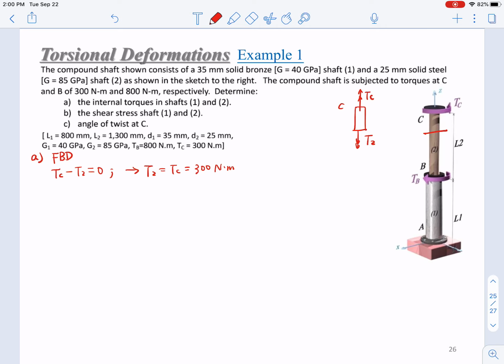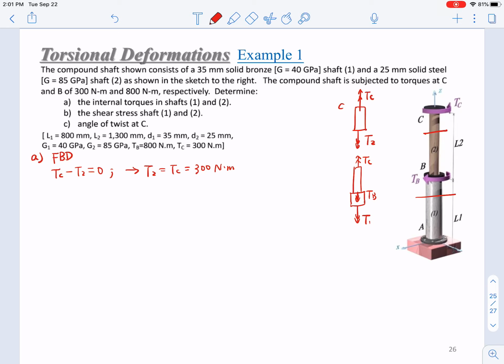Then for the second one, we cut it from here to make it free. Then you will have TC here. For TB, use your right hand rule: curl your fingers, and your thumb will be pointing downward. This is our TB, and the T1 will be here.